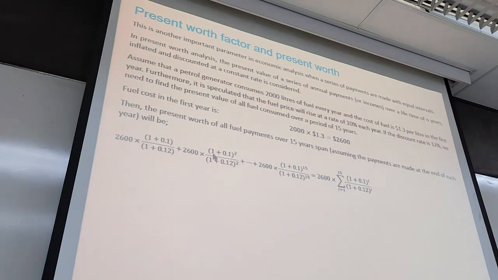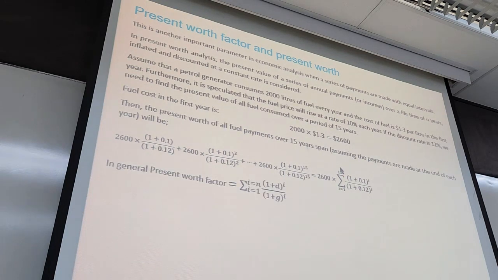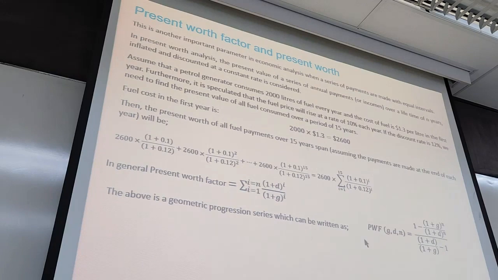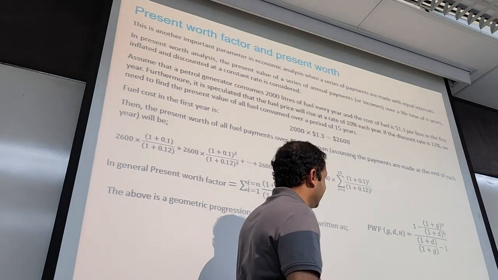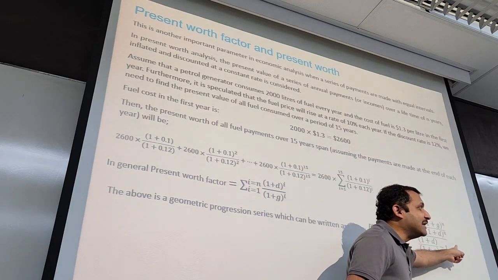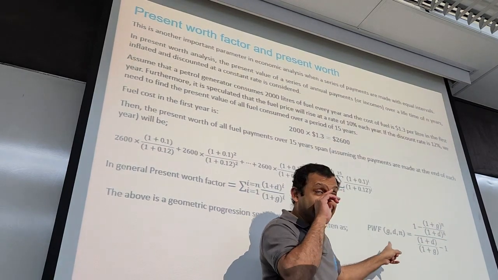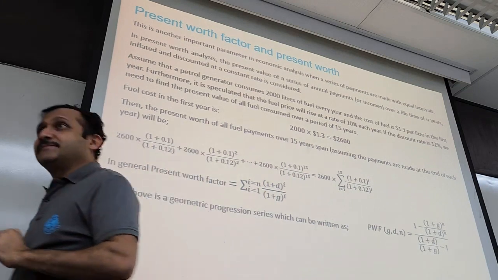That equation looks like a geometric progression series, right? Every year. And so that becomes the main equation, the present worth factor. So take a picture of that equation, please.